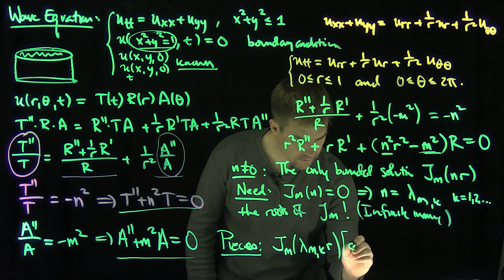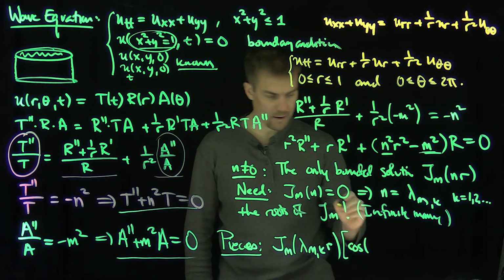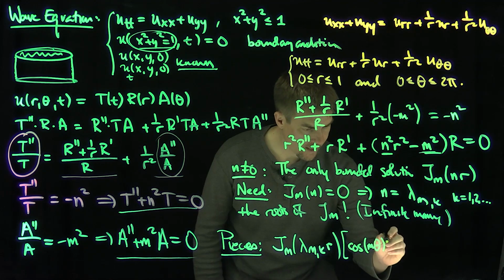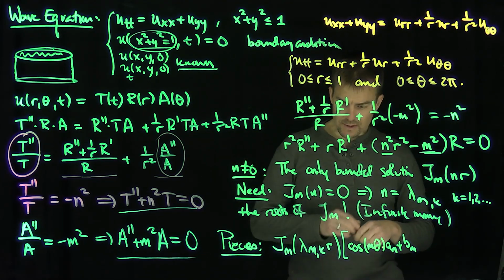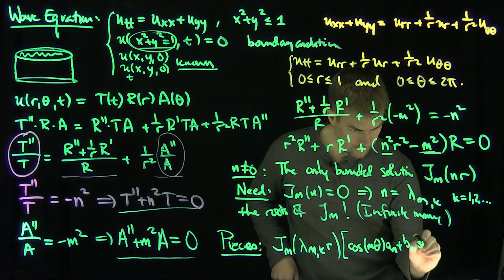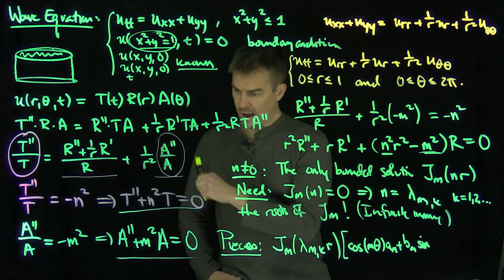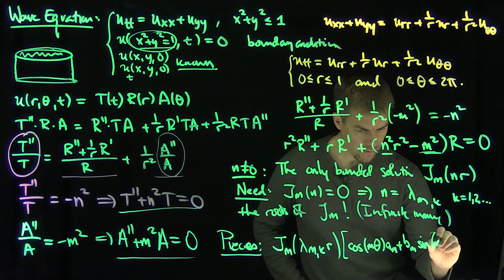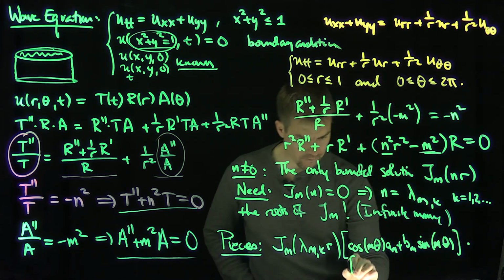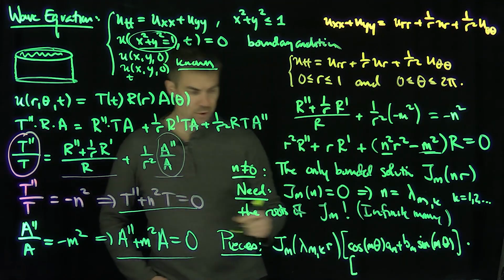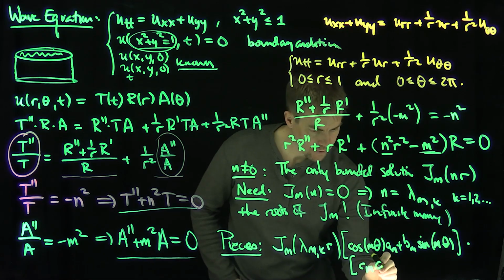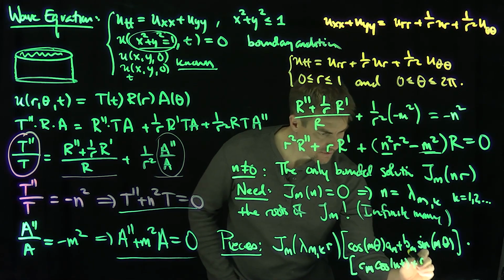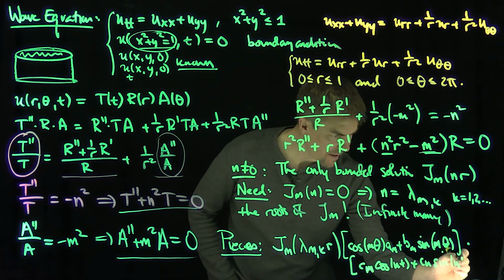So I'm going to have a cosine of m theta times am plus bm times the sine of m theta, and then times the other functions over here, the time solutions, which are going to be cn cosine nt plus dn sine nt.